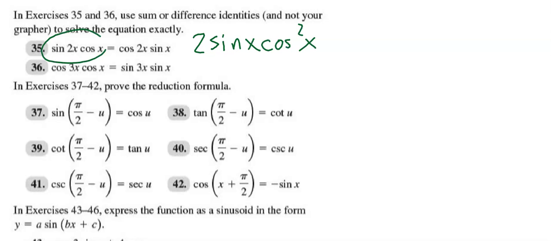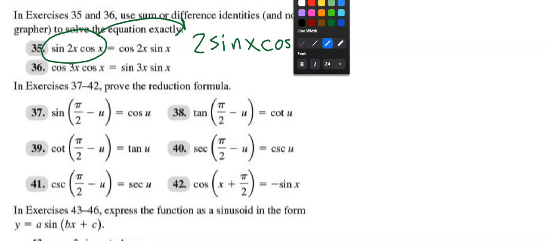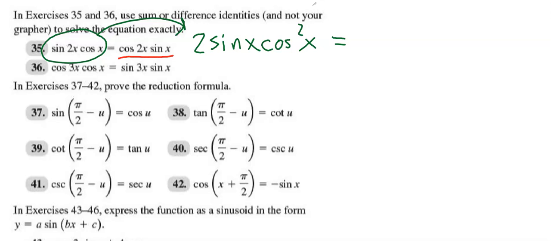Okay, so that's this. Now for the other side of the equal sign. What do you think we should replace the... Well, so now we're going to do cosine of x plus x times sine x.